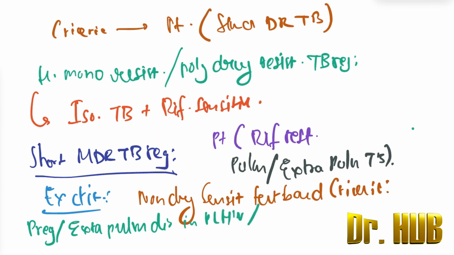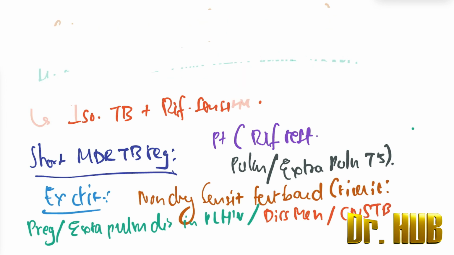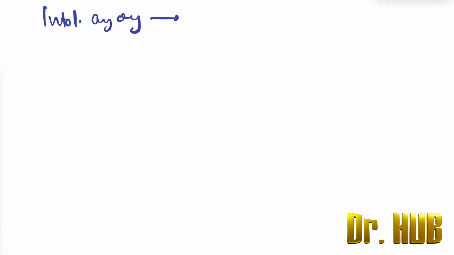Then also disseminated, meningeal or CNS TB. Next, it also includes intolerance to any drug. This is in case of the shorter MDR TB regimen.